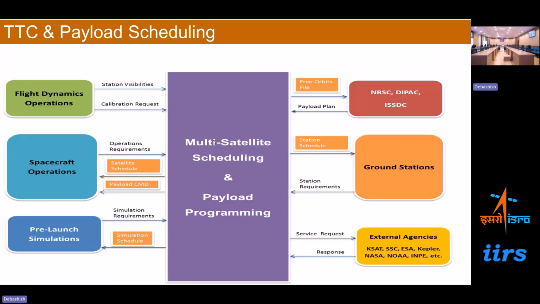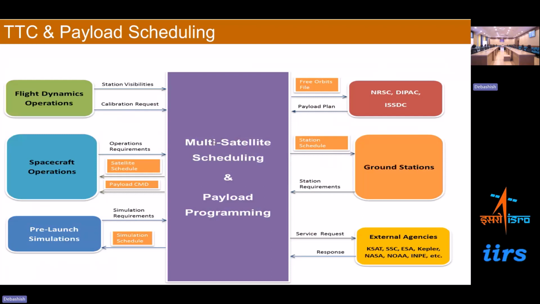This mapping is done through scheduling algorithms, optimally, so that all mission objectives are satisfied. It is just a map of the space segment to the ground segment. Other than that, there are many other interfaces which scheduling has with flight dynamics.